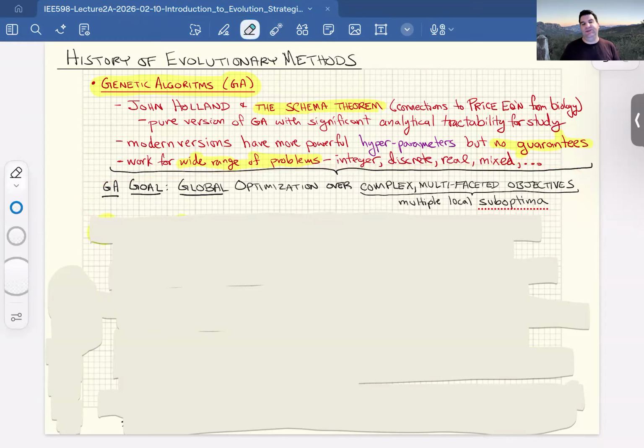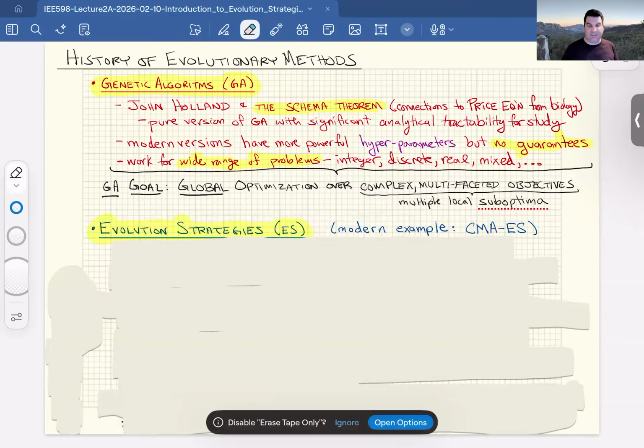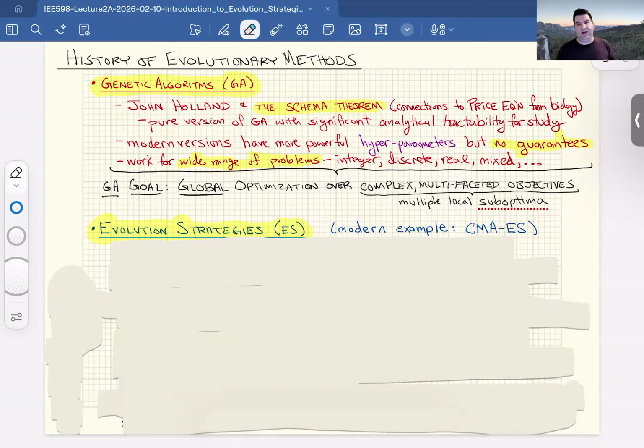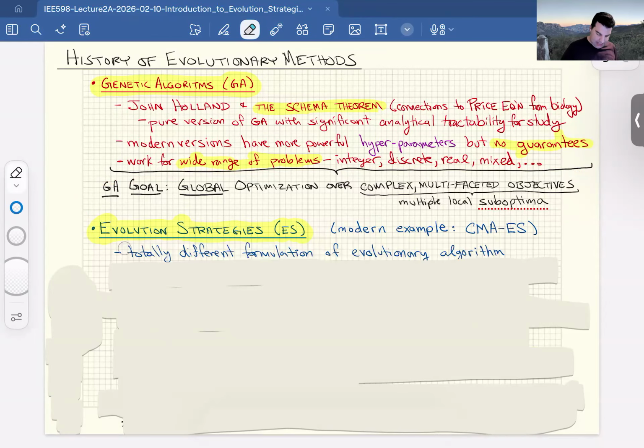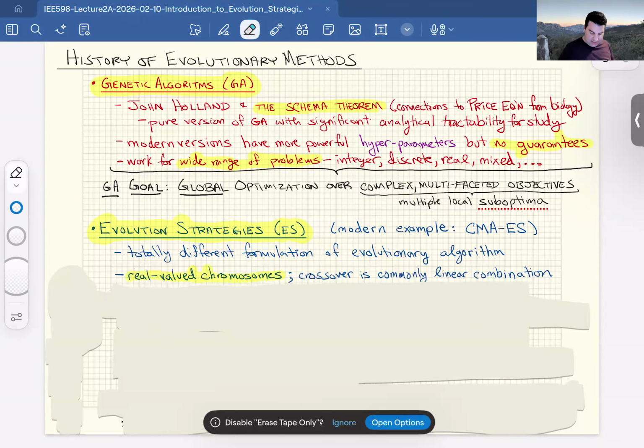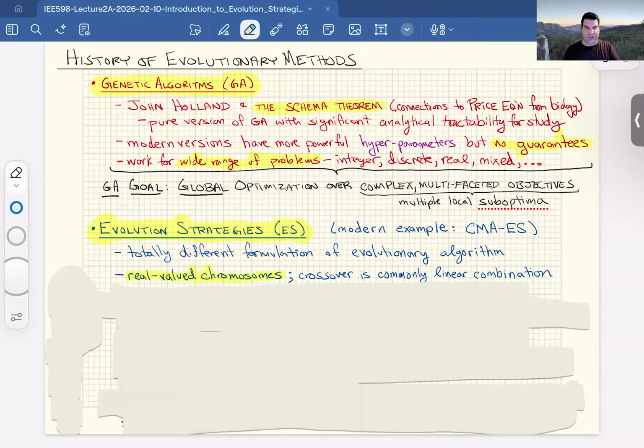So let's pivot then to around the same time that Holland was working on the GA. There were folks overseas, say in Europe, that were working on evolution strategies, which is a fundamentally different way to think about searching through these spaces. And evolution strategies, like I said, is a totally different evolutionary algorithm. We're going to give up on some of the generality that we get in the GA.